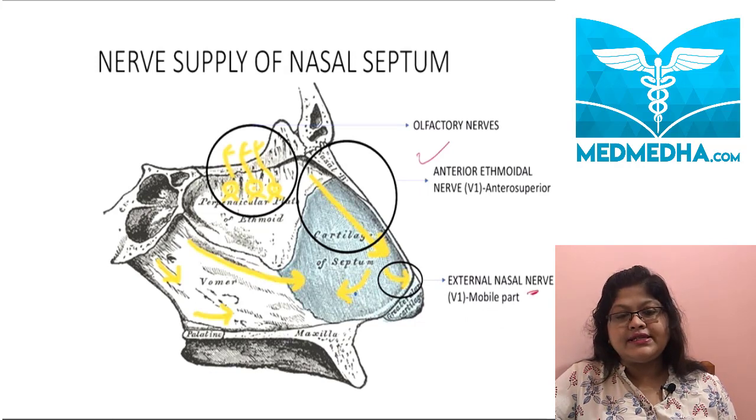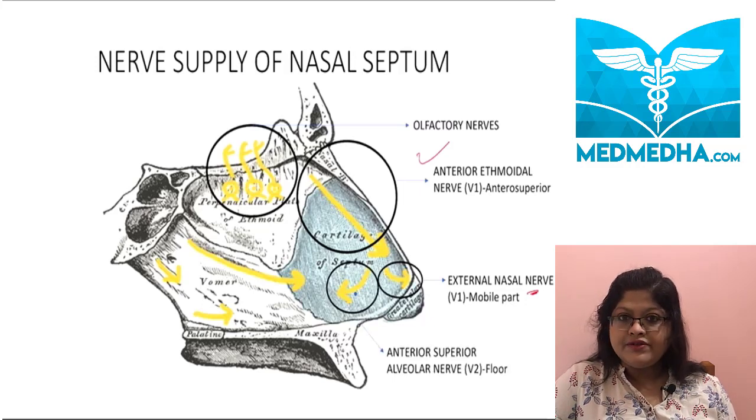The part of the nasal septum which is the floor is supplied by the anterosuperior alveolar nerve. Next, we come to the intermediate part.